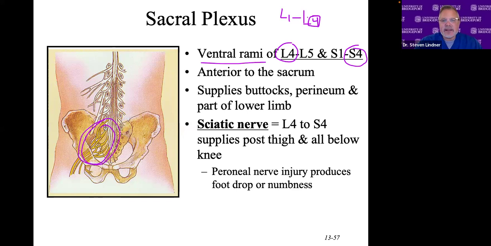You can see that it goes anterior to the sacrum, and it's going to supply pretty much the buttocks, all of the lower limb. It's going to supply most of the posterior thigh, the posterior leg, the bottom of the foot.